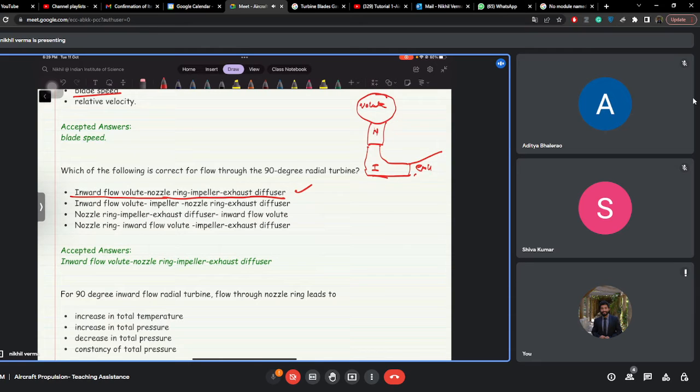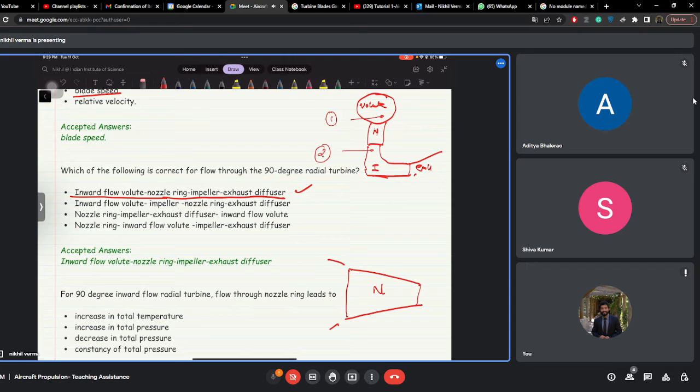So for a 90-degree inward flow radial turbine, the flow through the nozzle leads to... So what happens across a nozzle? This is similar to what we read about the nozzle. You can assume there is a nozzle; you need not remember about the turbine itself.